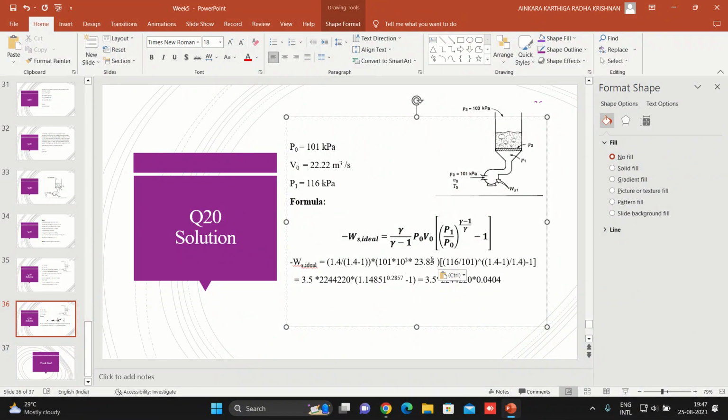This into 101 would give us 2408.63. So 2408.63 into 3.5 into 0.0404.